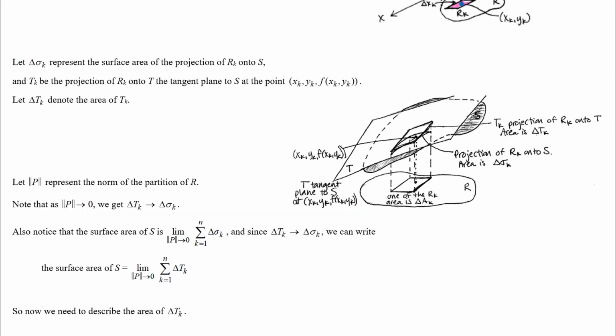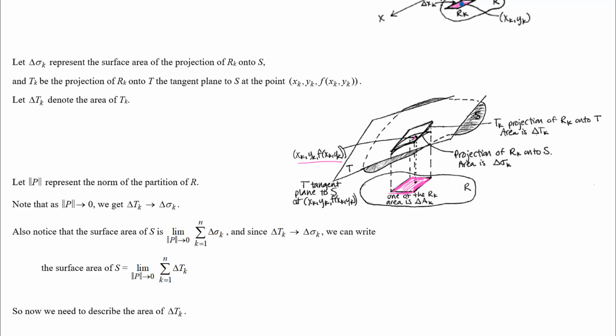What I've drawn here is a slightly enlarged picture, our region Rxy down in the xy plane, and I've got my little R sub k rectangle down in the xy plane. I've projected not only that point up onto the surface, where I've got my point xk, yk, f of xk, yk, but I project that whole rectangle up. All of the boundaries of that rectangle down in the xy plane, I'm going to project up to my surface.